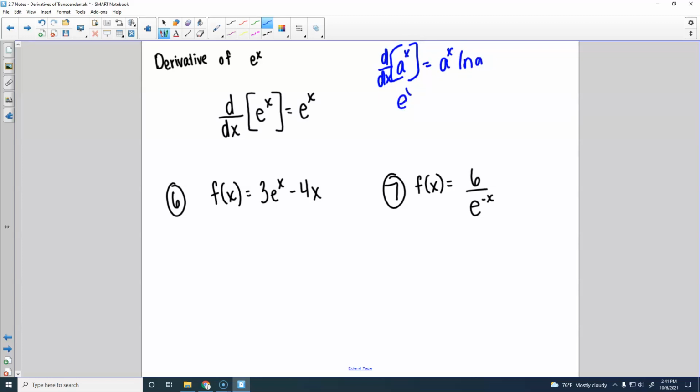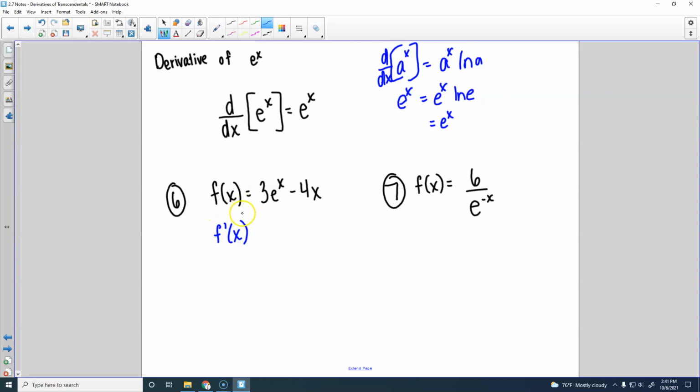When I do e to the x, I'd get e to the x natural log of e. But natural log of e is 1, because natural log and e cancel each other out. You just get 1. So you don't have to write the natural log of e because natural log of e equals 1. So the derivative of e to the x is e to the x. So it makes it super easy to take derivatives here.